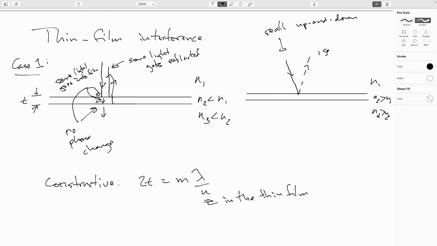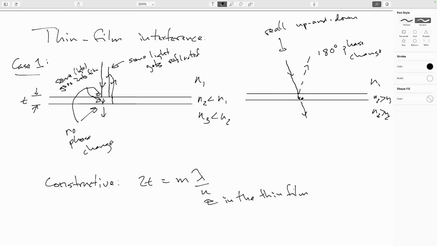So if I had a crest come in and hit the top part of the film, I now have a trough reflecting back off. And some of it will pass through, which we don't really care about for this.